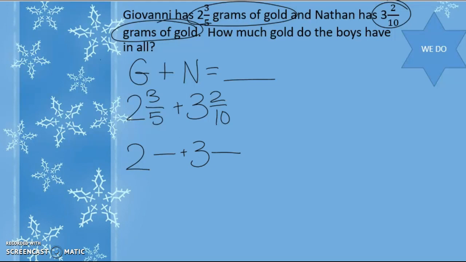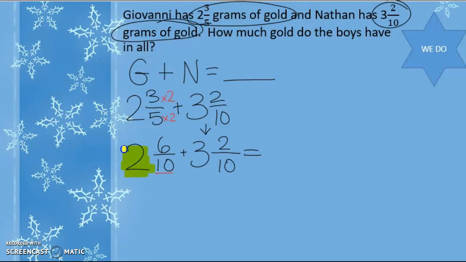Well, we know that the least common denominator is 10. So the second one will stay the same, and the first one, we multiplied 5 times 2, and we got 10. So then 3 times 2 is, you are correct, it is 6. Now we can add our fractions and our whole numbers.